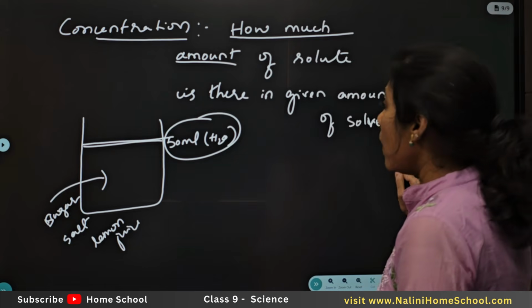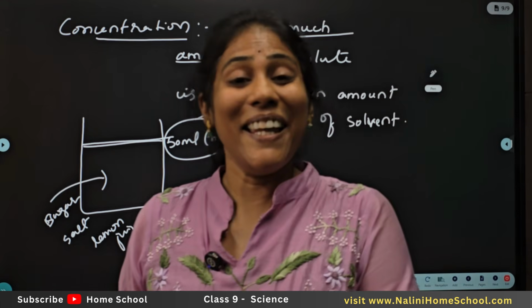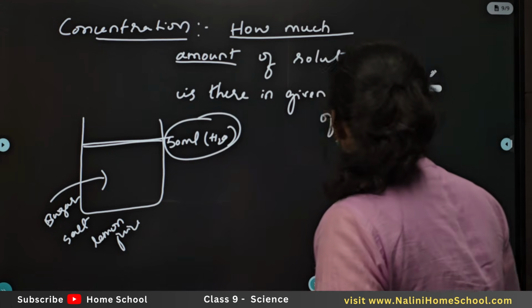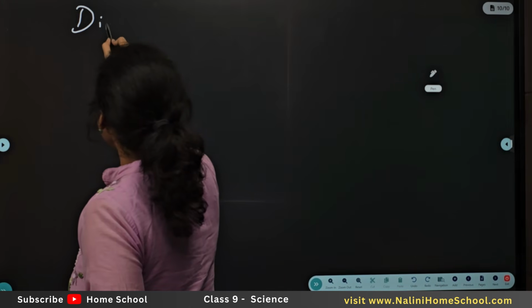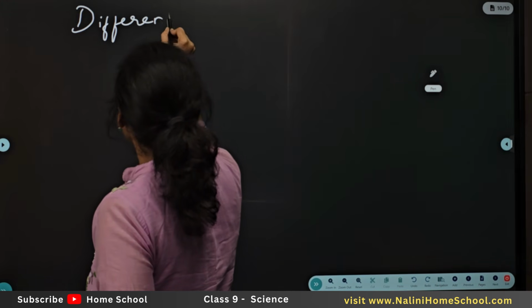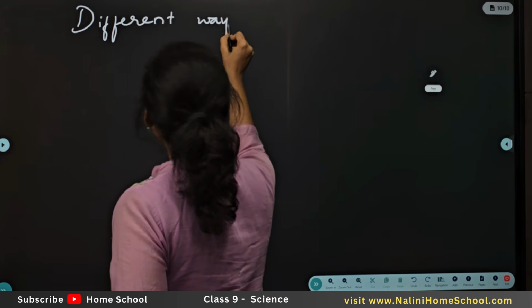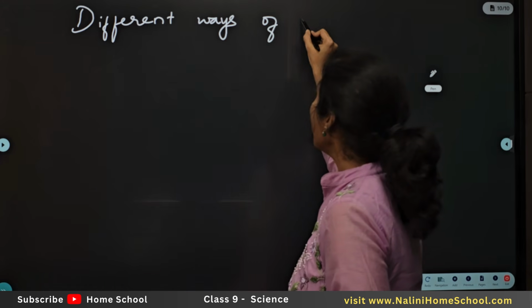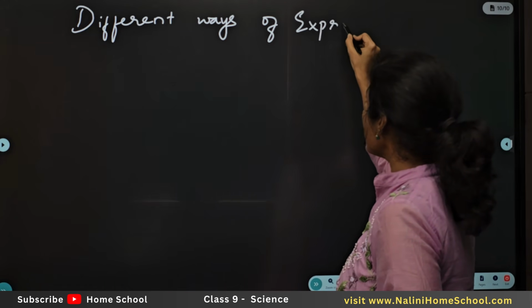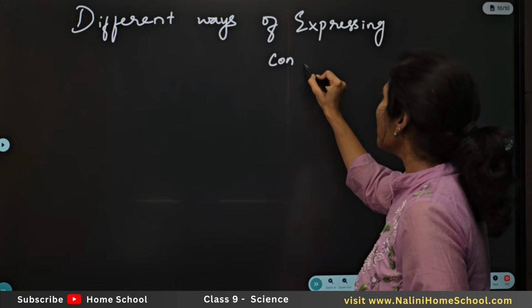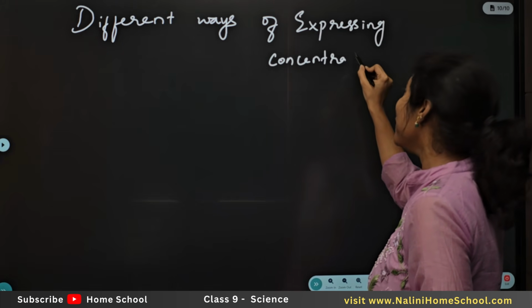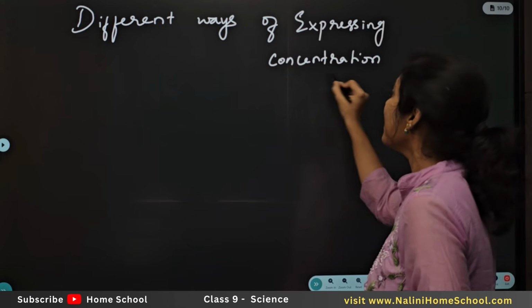Now this concentration can be expressed in different ways. So now what we will understand is different ways of expressing concentration. What do you mean by expressing concentration? Why should you have different ways of expressing concentration?